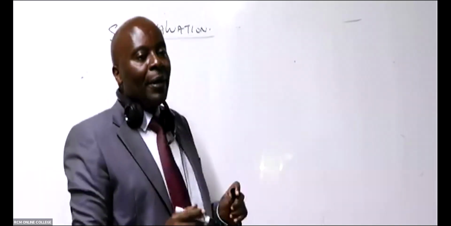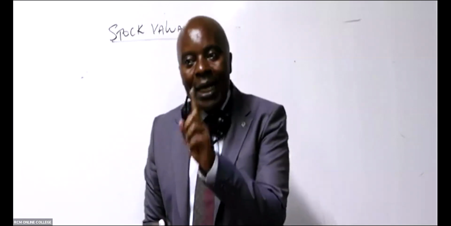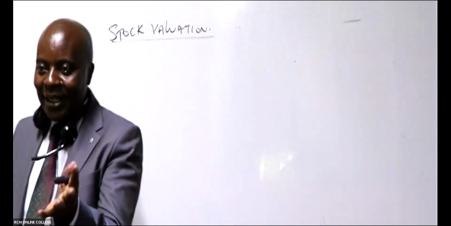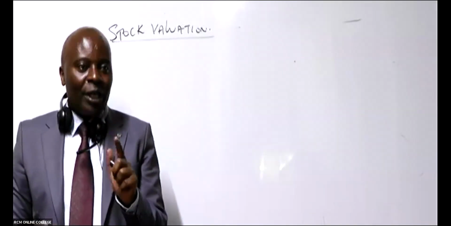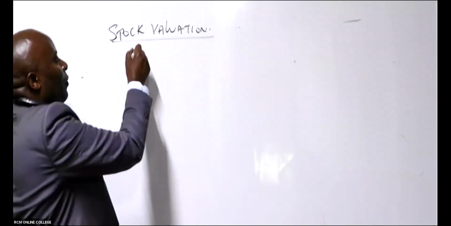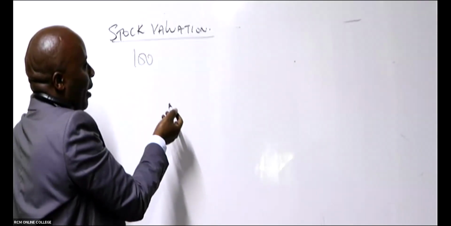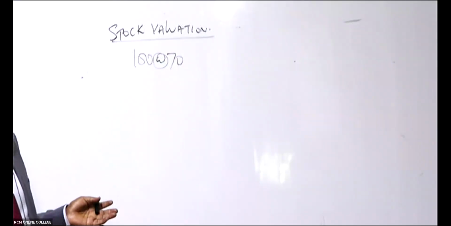Now, ladies and gentlemen, remember now here, you are the stores manager. And as a stores manager, you're going to be receiving quantities at different prices. Because price cannot be constant year in, year out. Prices will keep on fluctuating. So there are stock items you receive, like, for example, last week, you received 100 units, each at 70.